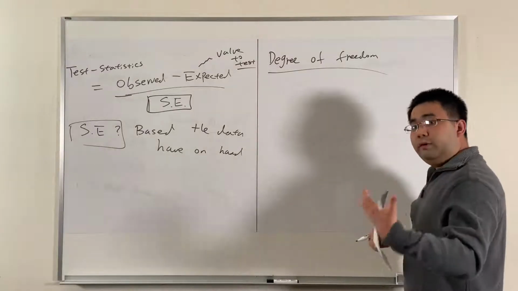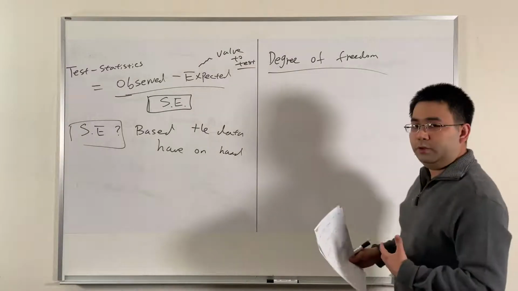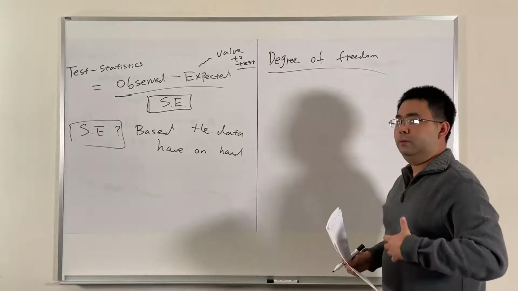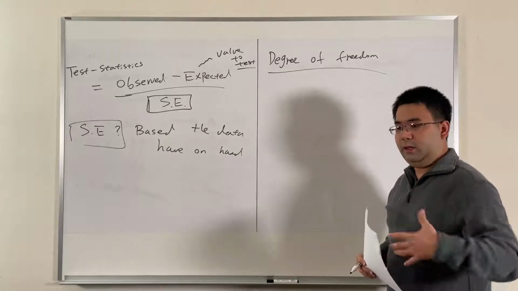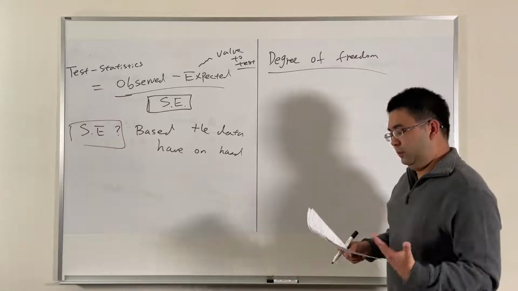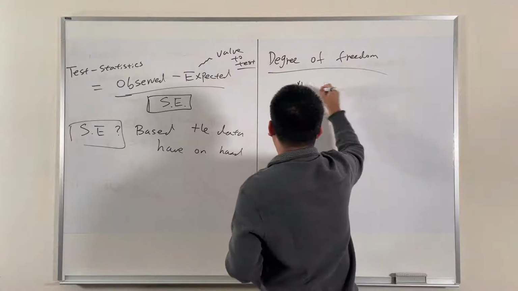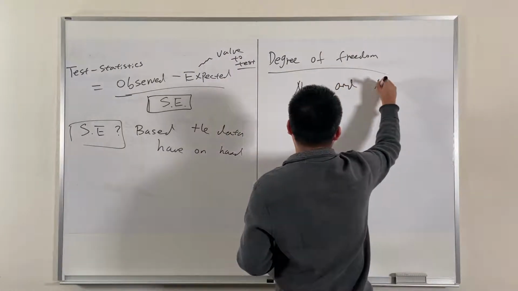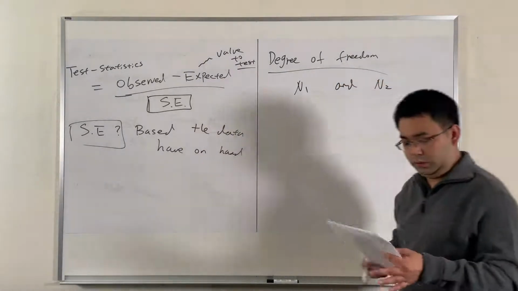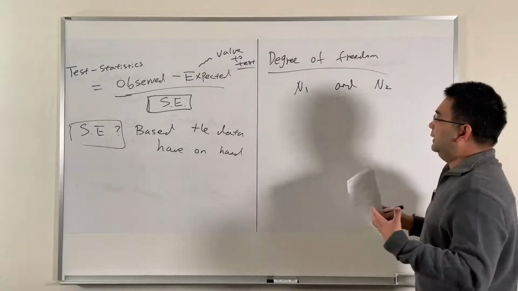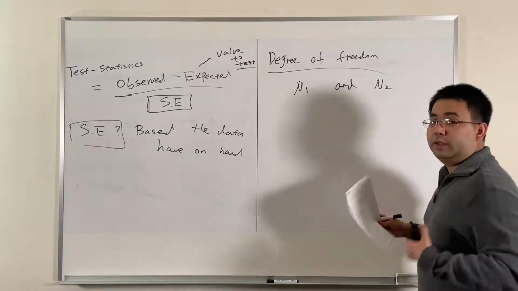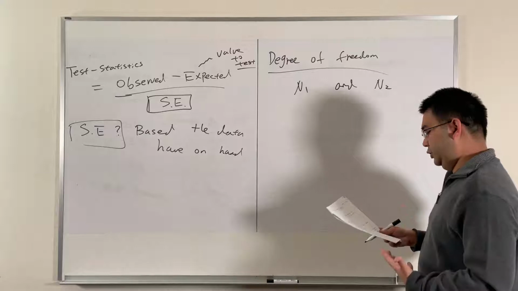Remember in our previous concept videos, when we had only one population, finding the degree of freedom was easy, right? You take your sample size minus 1. But in our case, let's say we have N1, the number of males, and N2, the number of females. Which one do we use to get our degree of freedom? So that is the question.